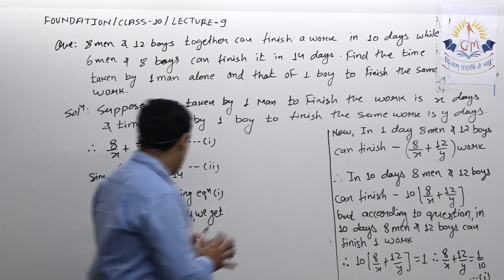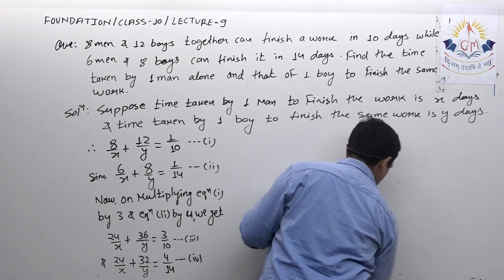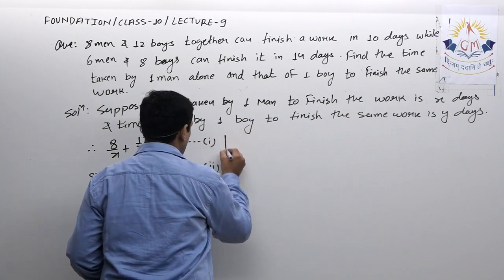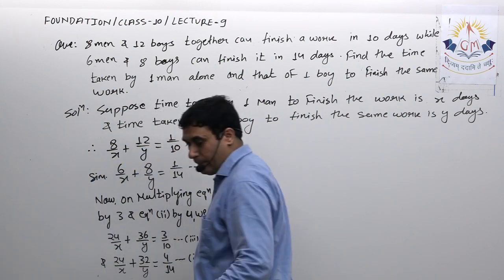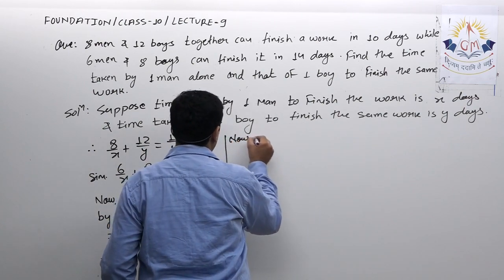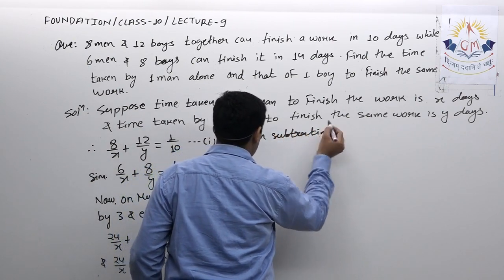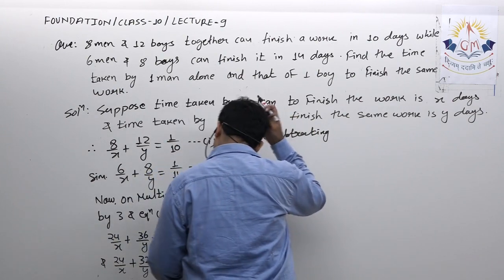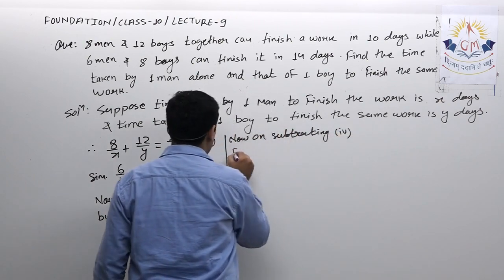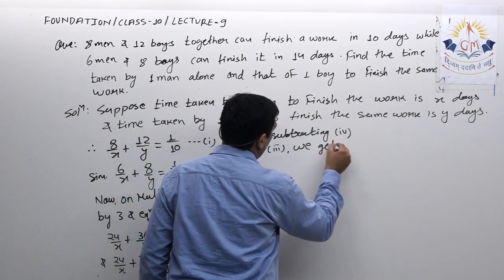Okay, so now we'll solve equation 3 and equation 4. Simply we'll subtract 4th from 3rd. On subtracting, let us see what we get.